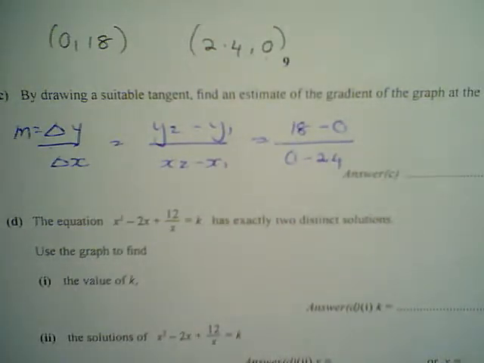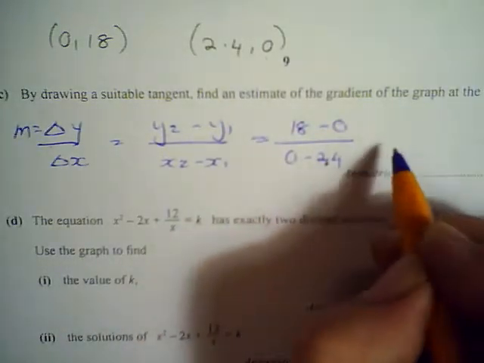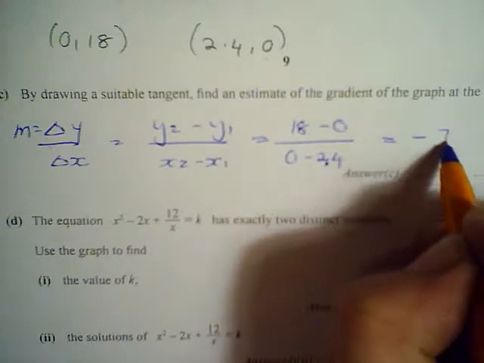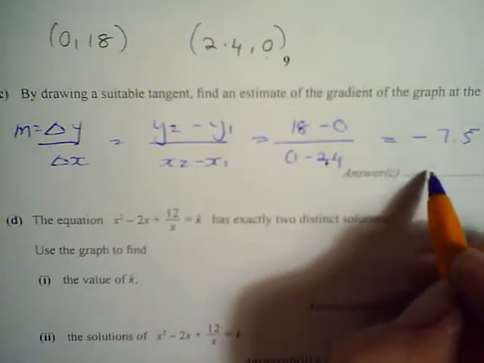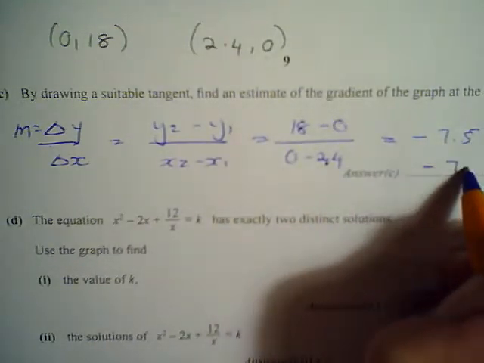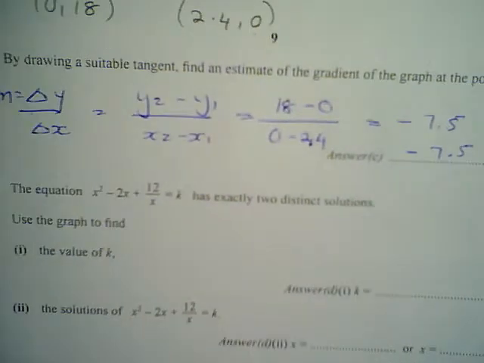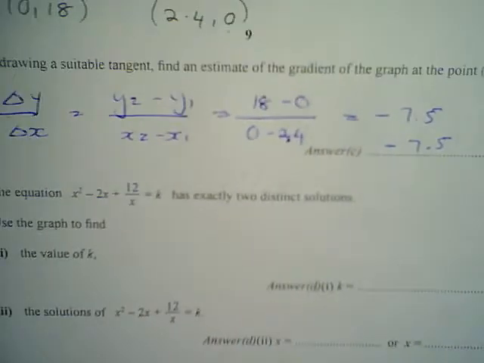Yours might differ, okay? As long as it is close in the range, that would be fine. So mine is negative 7.5. Now you will agree with me that your gradient can't be positive because your tangent is negative.